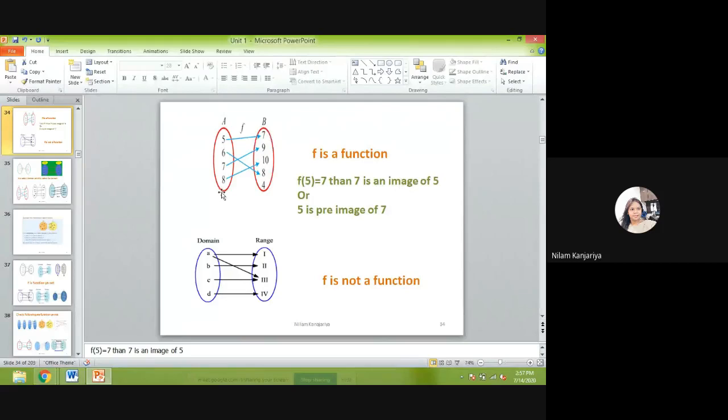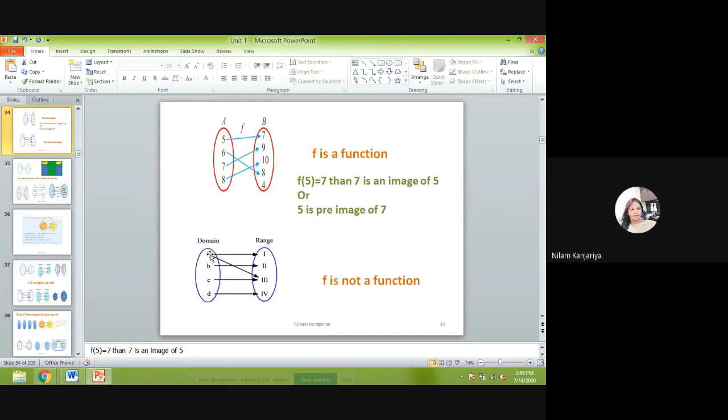In set B, every element has a unique image. Here, look at the first set: it is known as the domain, and the second set is known as the codomain. Here one has two images, the image of one is A and the image of three is A. It's not possible in a function.